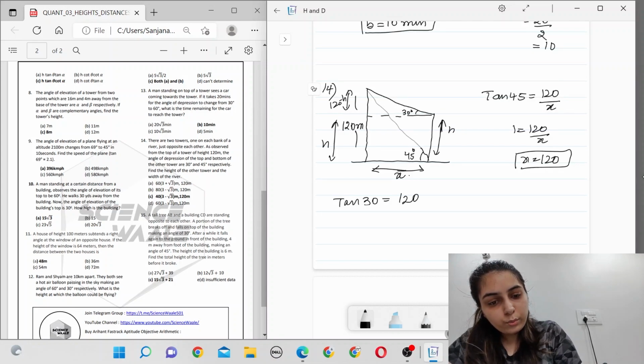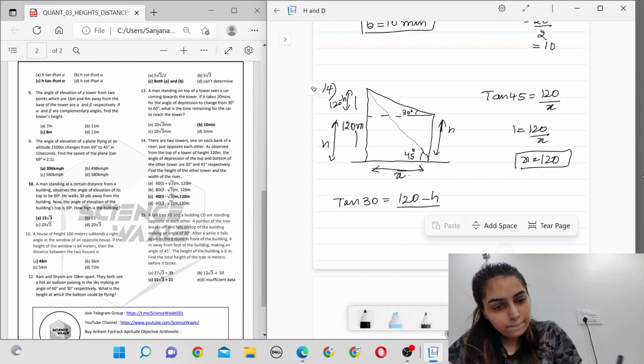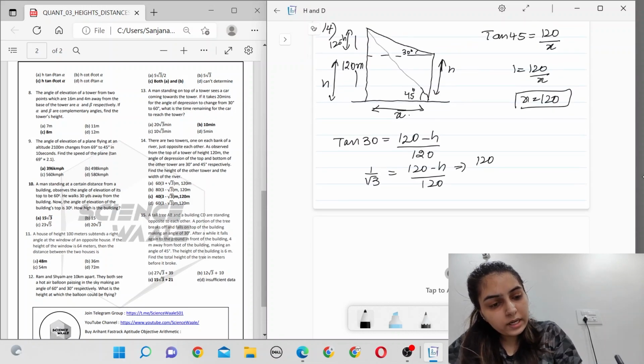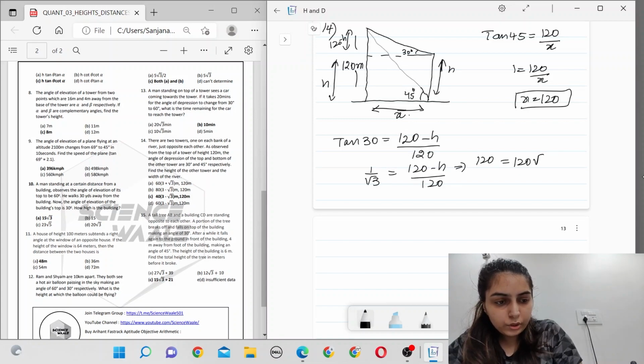So 120 minus h by x. x is 120. tan 30 is 1 by root 3, which is equal to 120 minus h by 120. That implies 120 is equal to 120 root 3 minus h root 3.